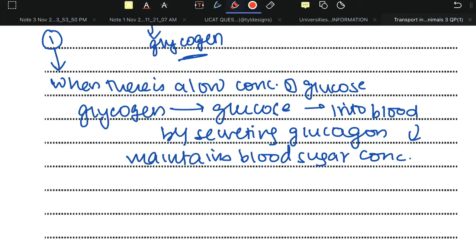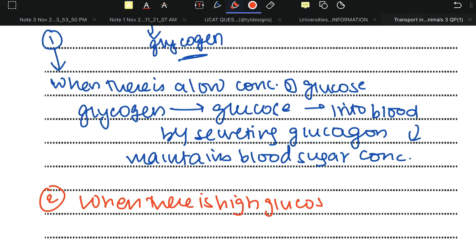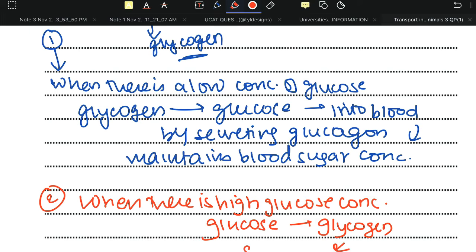Second thing, you can write the opposite of what's been said here, and talk about high glucose concentration. When there is high glucose concentration, glucose gets converted to glycogen, and this glycogen is stored in the liver.